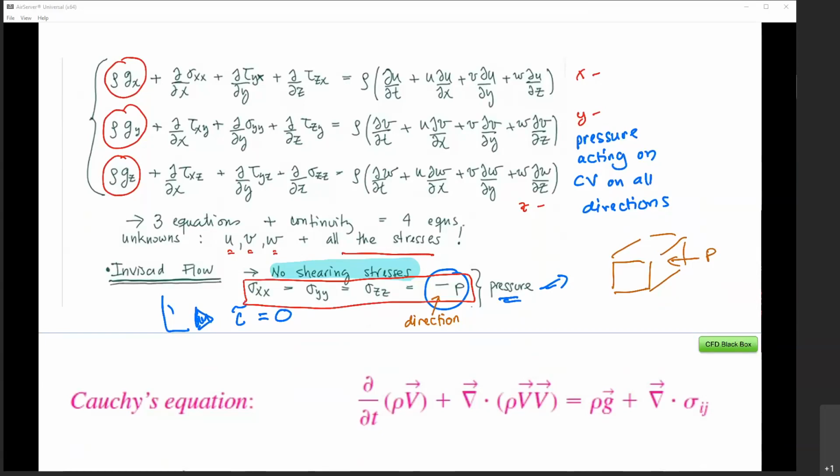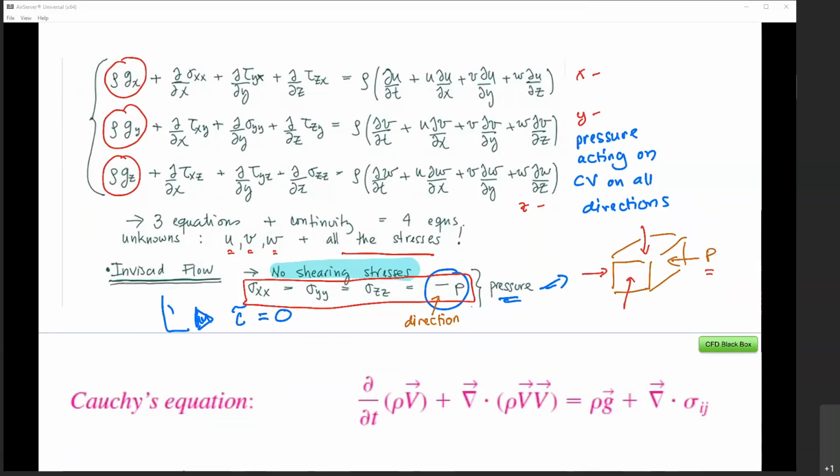Remember, there is a pressure acting on all sides of the element, but previously we did not include it in our derivation. Just remember, in all of the directions, we have pressure acting on the elements of the fluid.